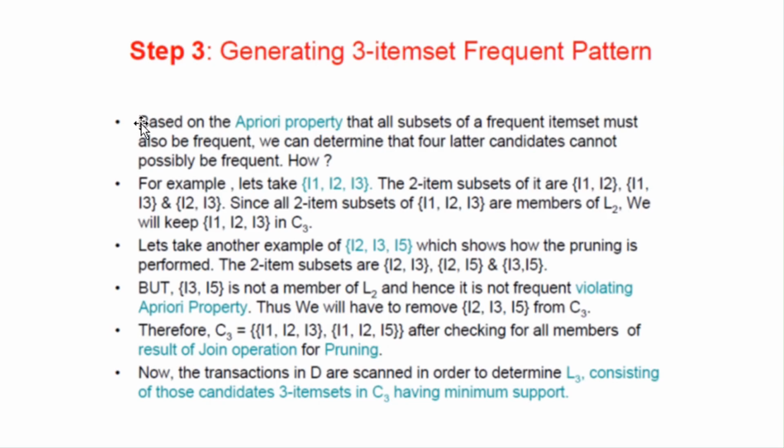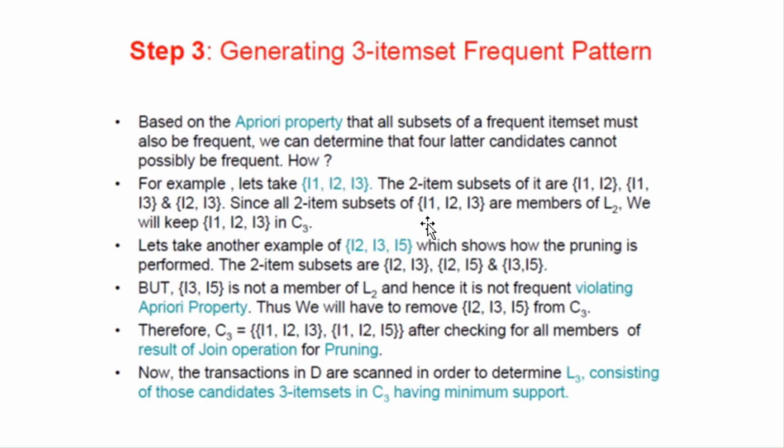What we have done here is based on the Apriori property: all the subsets of a frequent item set must also be frequent, so we can determine that 4 of the latter candidates cannot possibly be frequent. But how? For example, let's take I1, I2 and I3 as a 3 item set. The 2 item subsets of it are I1, I2, I1, I3 and I2, I3.